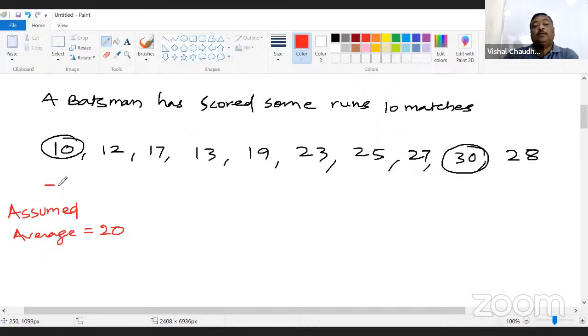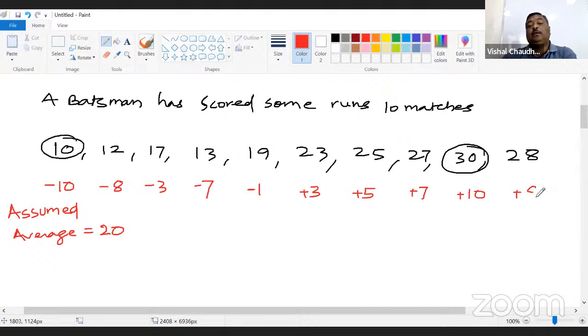So 10 minus 20 is minus 10, 12 minus 20 is minus 8, 17 minus 20 is minus 3, 13 minus 20 is minus 7, 19 minus 20 is minus 1, plus 3, plus 5, plus 7, plus 10, and plus 8.